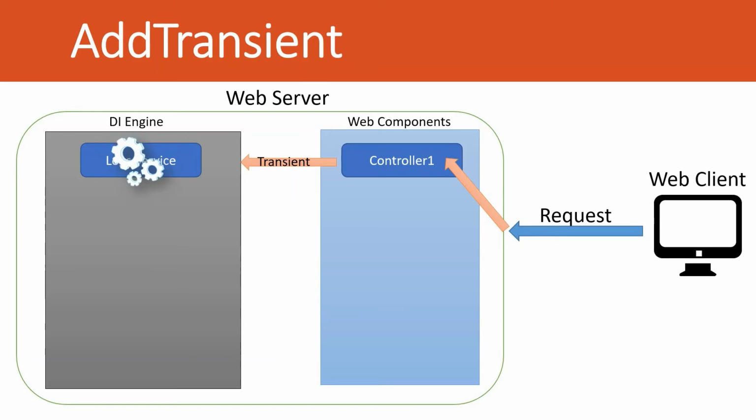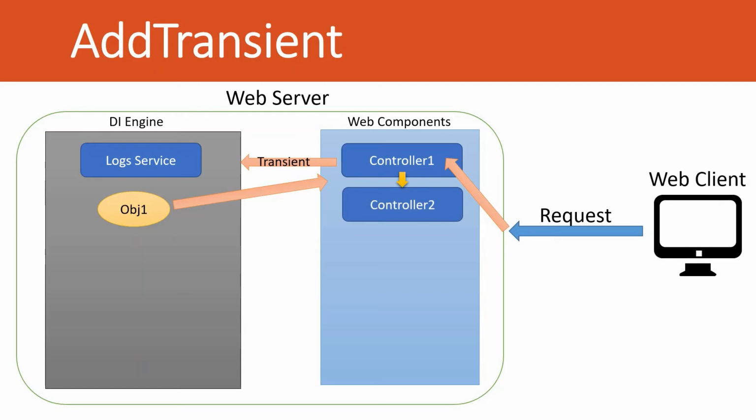The DI engine processes, creates an object, then returns the object. Then controller 1 has a redirection or internal call to controller 2. Controller 2 also has a dependency on log service, so it requests the DI engine for the object. This time the DI engine creates a new object and returns it.